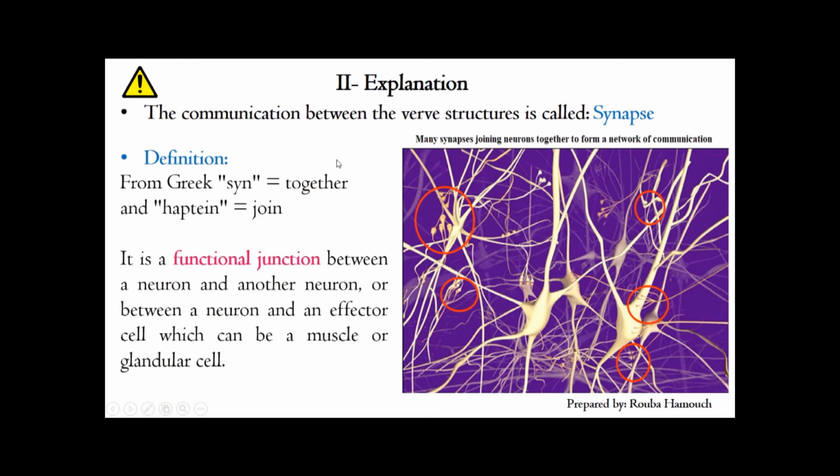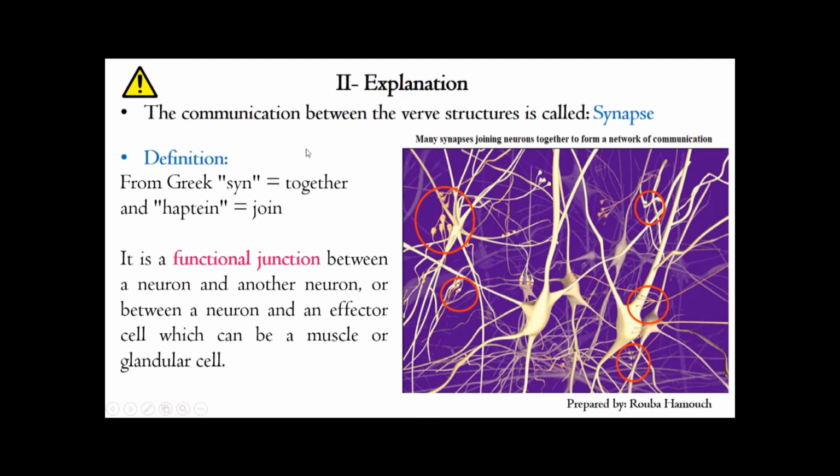As a definition, from Greek, syn means together and hapten means join. So the synapse is the functional junction or link between a neuron and another neuron, or between a neuron and an effector cell, which can be a muscle cell or a glandular cell.